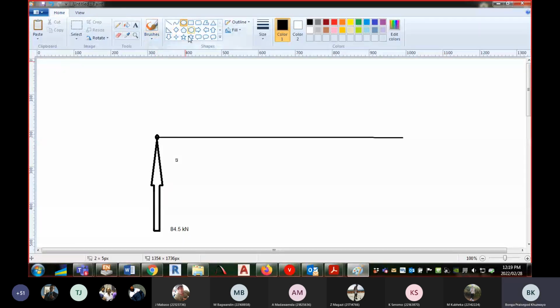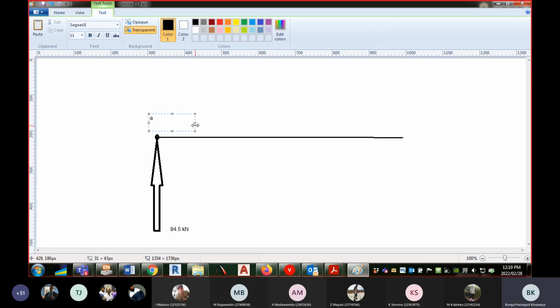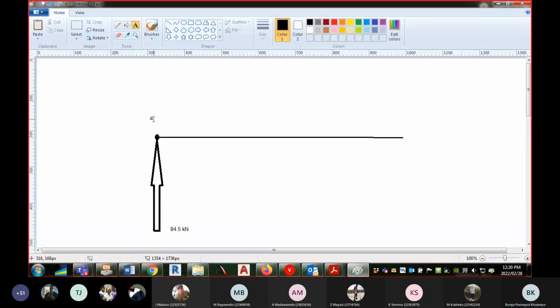What you're going to do now is this. You're going to go to node A. So this is node A. At node A, you're going to look at the algebraic sum of the forces just to the left. There's nothing here, basically. To the left of node A, there is no force.